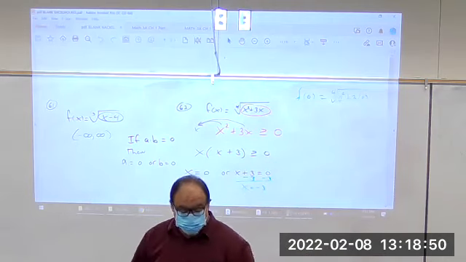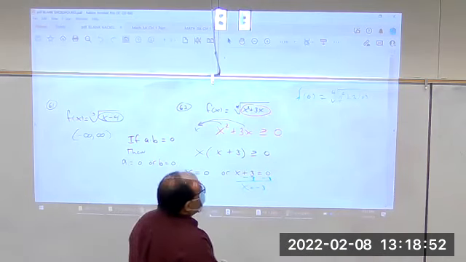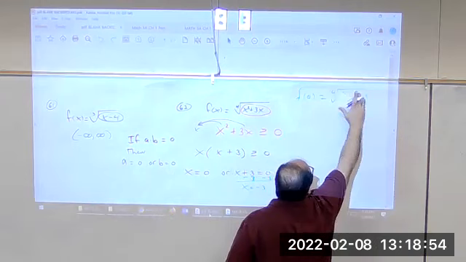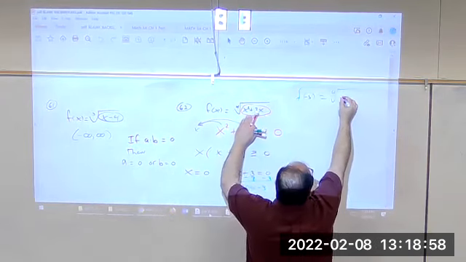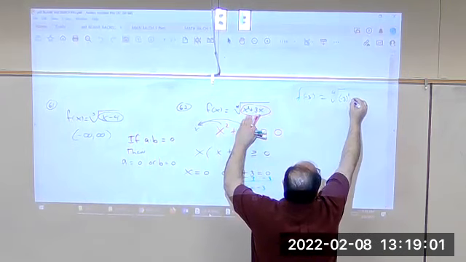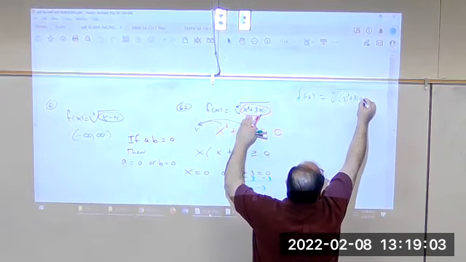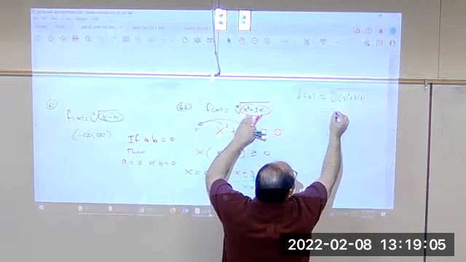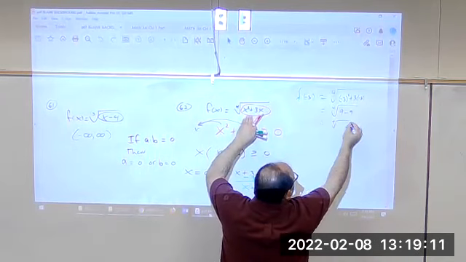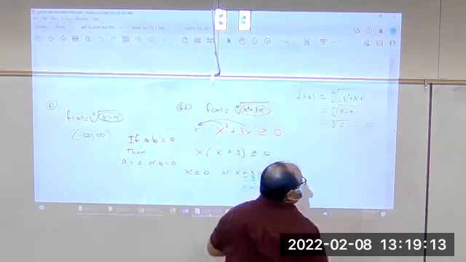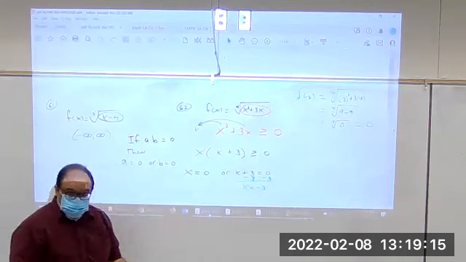If I plug in -3, parentheses, -3 squared plus 3 times -3. So that's the fourth root of 9 plus -9, which is the fourth root of 0, which is just 0.